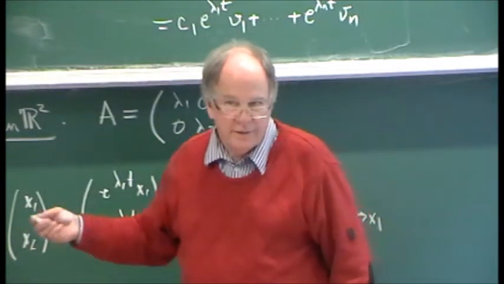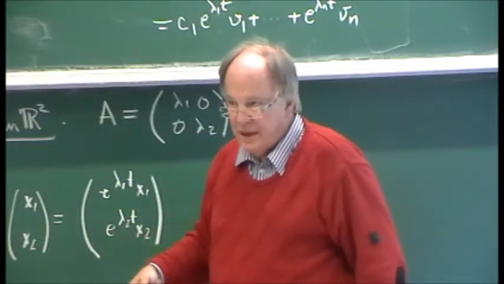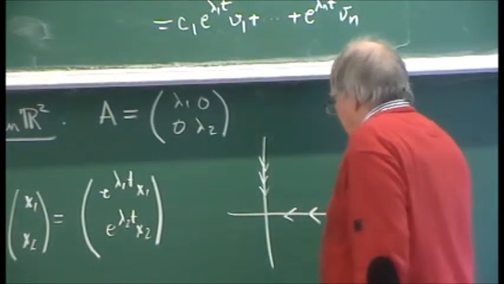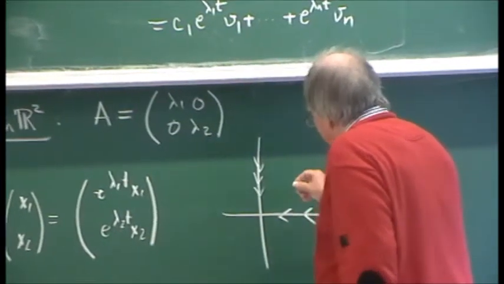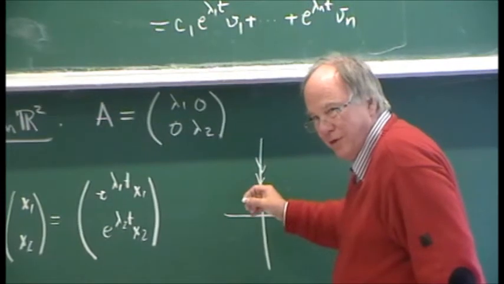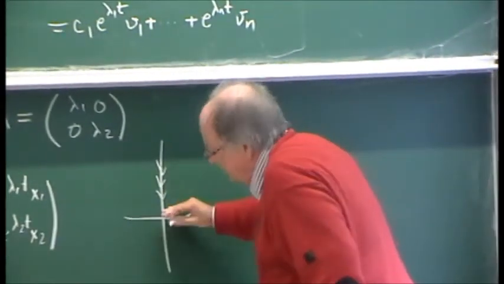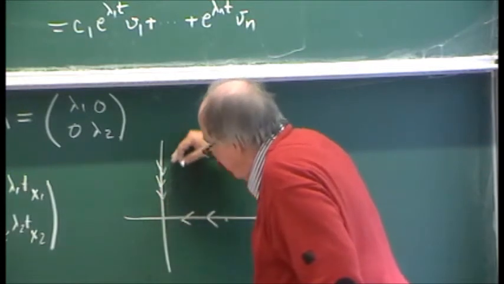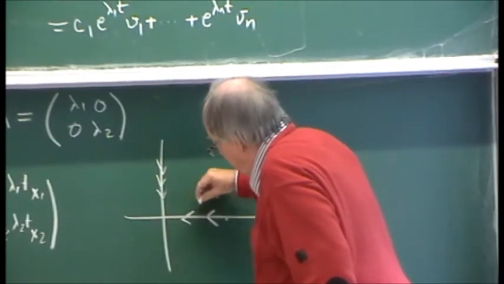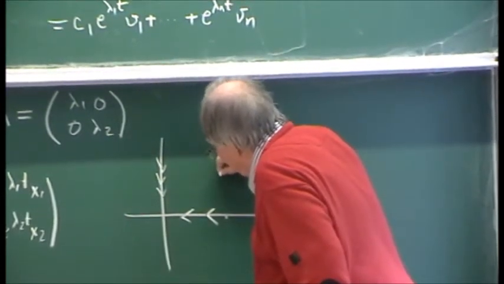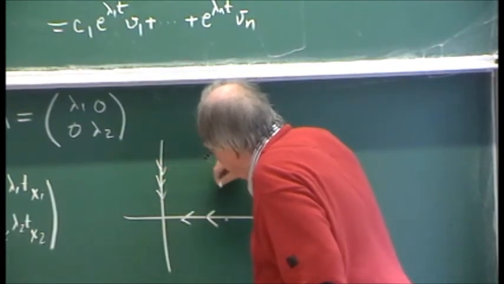Somehow lambda is the velocity of this field. It's a constant velocity field. Let's see if I can get this right. You're probably correct; you guys are much smarter than I. This is going faster this way than this way. If I take a point here, it's going to go faster to 0 than it does here.